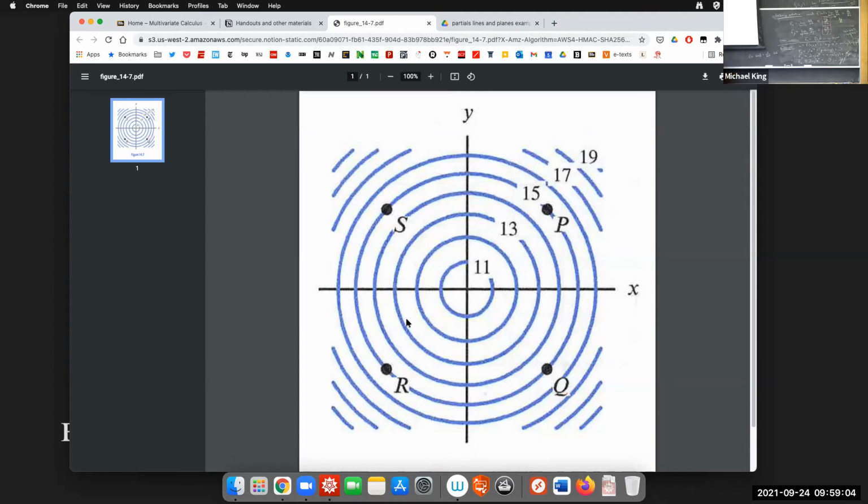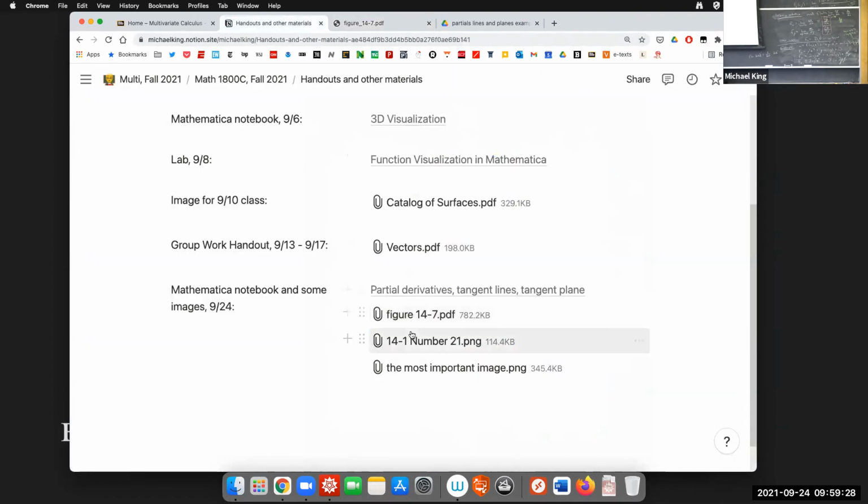I think at this point, both partials are negative. Up at that top right point, both partials are positive. So you can look at pictures of contour graphs and say the sign of a partial derivative at a point, often just by seeing what's the other contour it's heading towards.